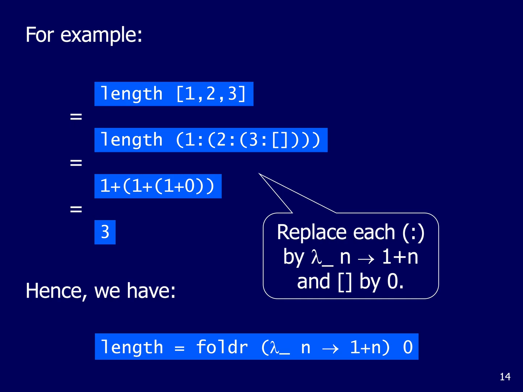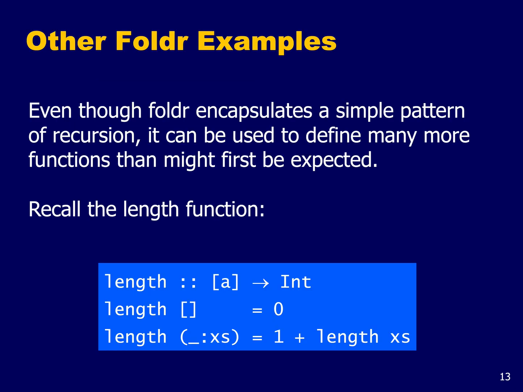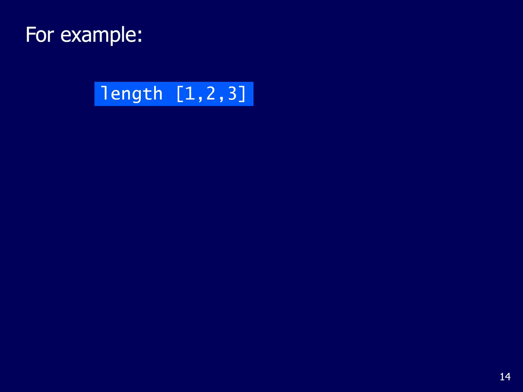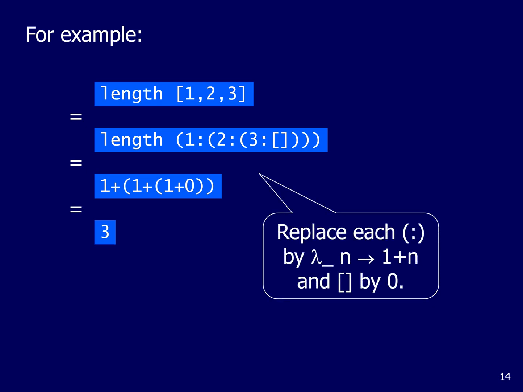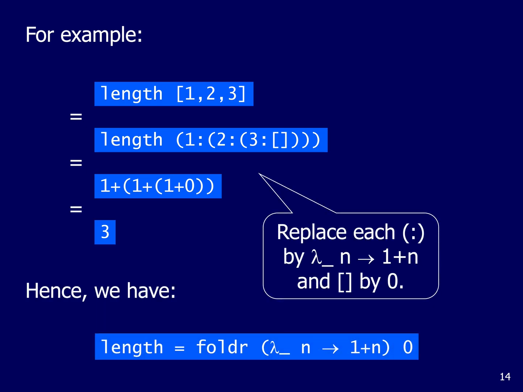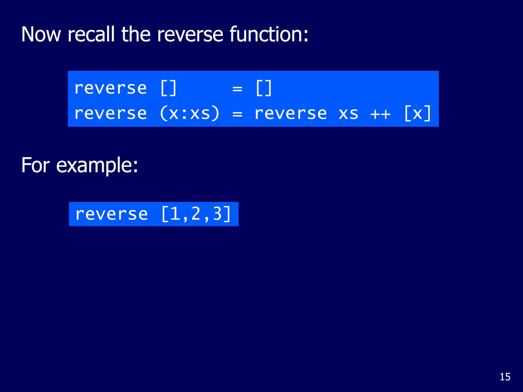And the trick here is that initially, if I go back to the definition, it doesn't quite seem to match the pattern of recursion which is captured by foldr, because we have 1 plus in the recursive case rather than x plus. But the trick is we're allowed to do whatever we want with the function, so we just pass in a little lambda function that does exactly what we want. So we can define length using foldr.